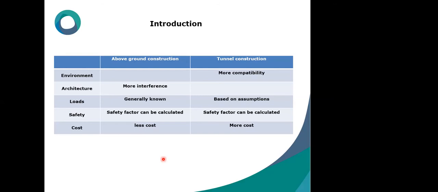Also, loads for above ground constructions are generally known, but the tunnel loads are based on assumptions. The safety factors for both above ground construction and tunnel construction are the same, and the cost is a little more in tunnel constructions.